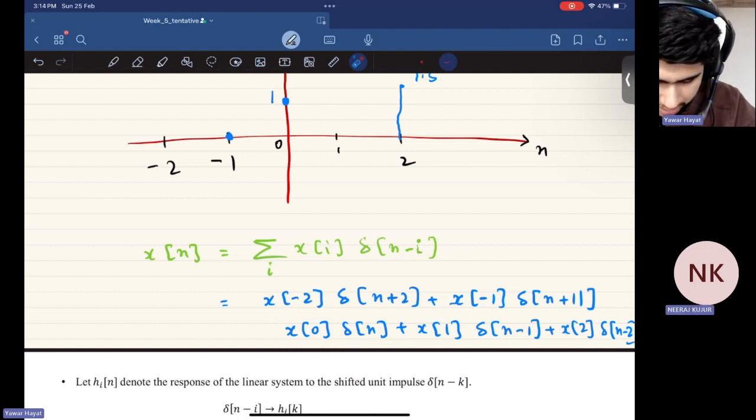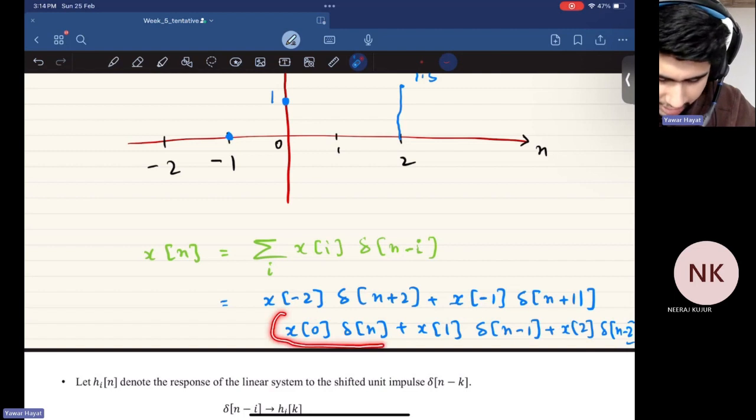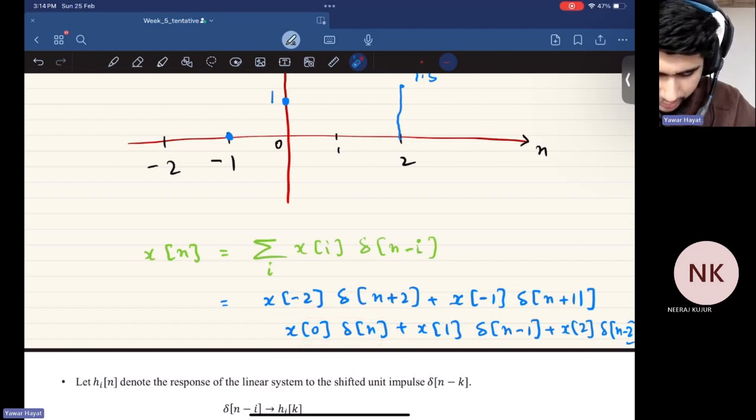We are taking the example of x of 0 is 1. So x of 0 times delta of n would be 1 at n equals 0. So the dependence on n doesn't fade away. It still is there. That was my point.